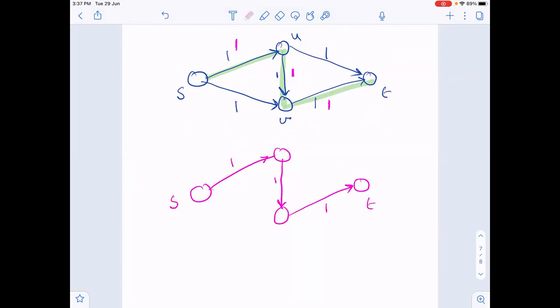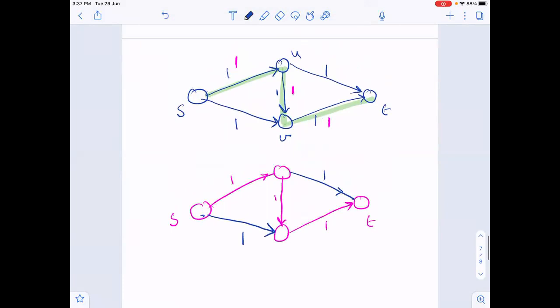And then there are two paths here, S to V and this one. Okay. So these things have been taken care of. So I don't have anything more that I can send from S to T using non-zero capacity.